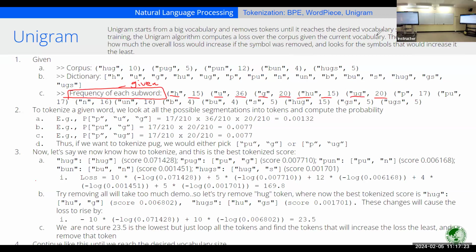You can count, and that should be correct, I think. Let's check. SUG is 15, SUG is 10, and SUG is 5, right? So HUG is 50. Seems like I'm doing it correctly. If there's any mistake, it's probably from ChatGPT, because it may calculate wrongly. But you understand that this is given from this corpus.